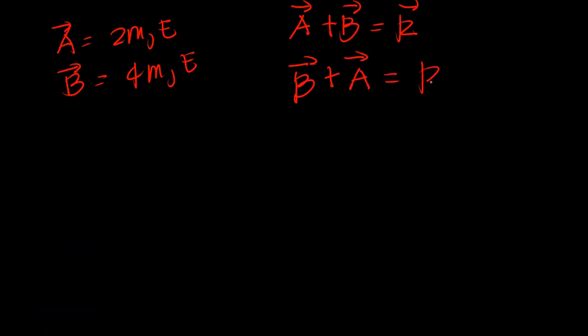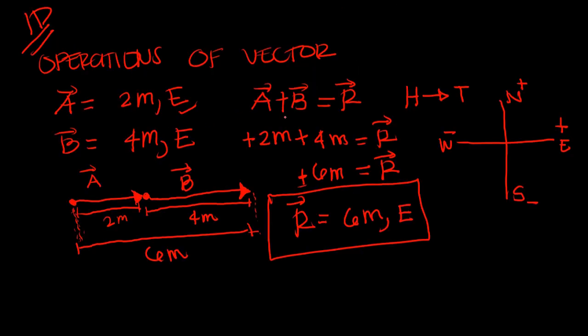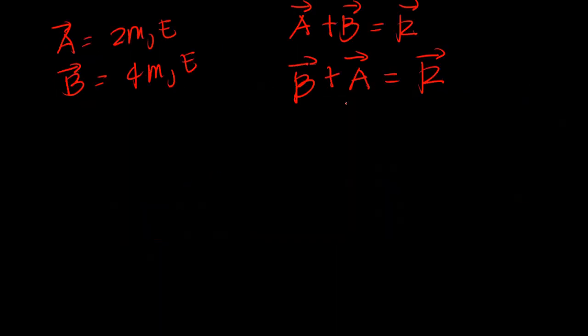Let's try. What if this is what we take? Earlier, vector A came first, because it was vector A plus vector B. Here, what if we put B first? Suppose you start here. That is 4 meters, meaning it is long. That is your vector B. Again, our notation is head to tail.